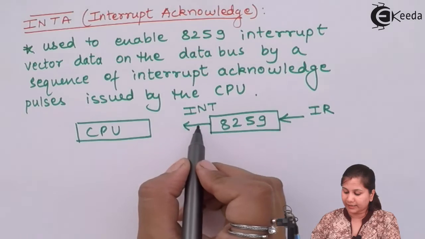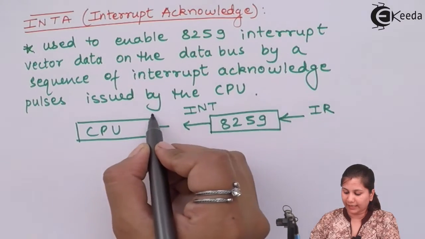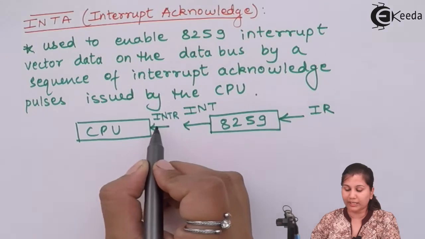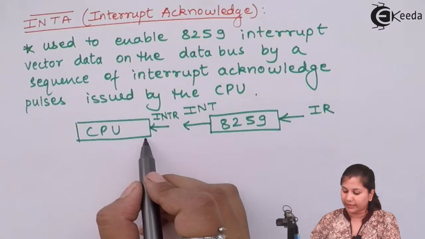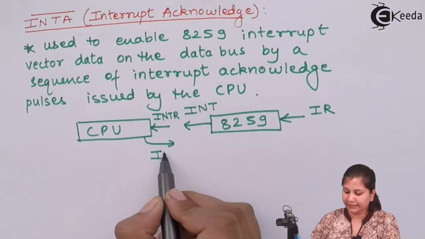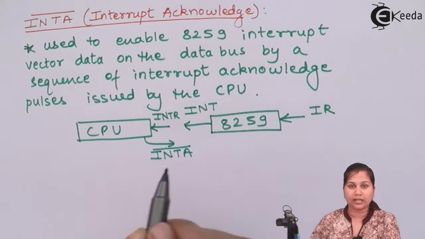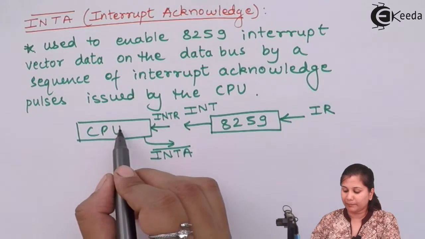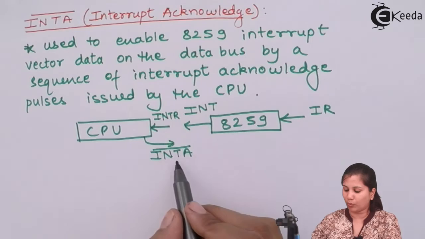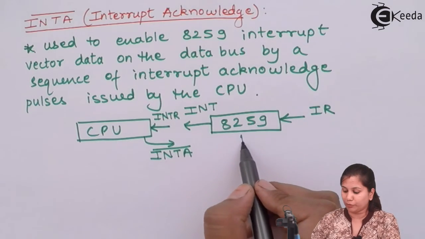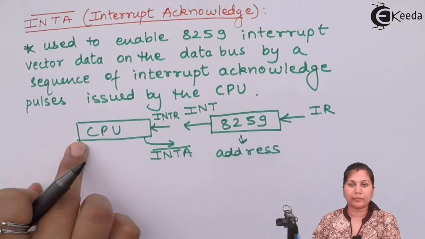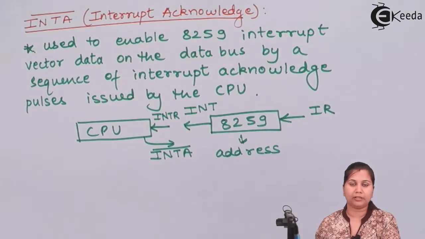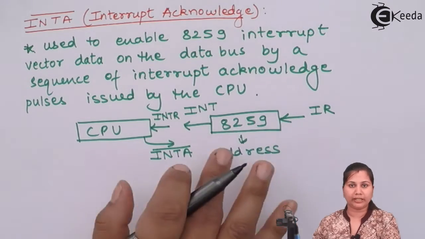INT is given at the INTR line of the CPU, that is the interrupt request line. Now when this request is given to the CPU, the CPU will generate the signal INTA bar. This signal shows that the CPU has received the request and wants the 8259 to provide the address where the service routine is written, so that the microprocessor can go to that memory location and execute the service routine.